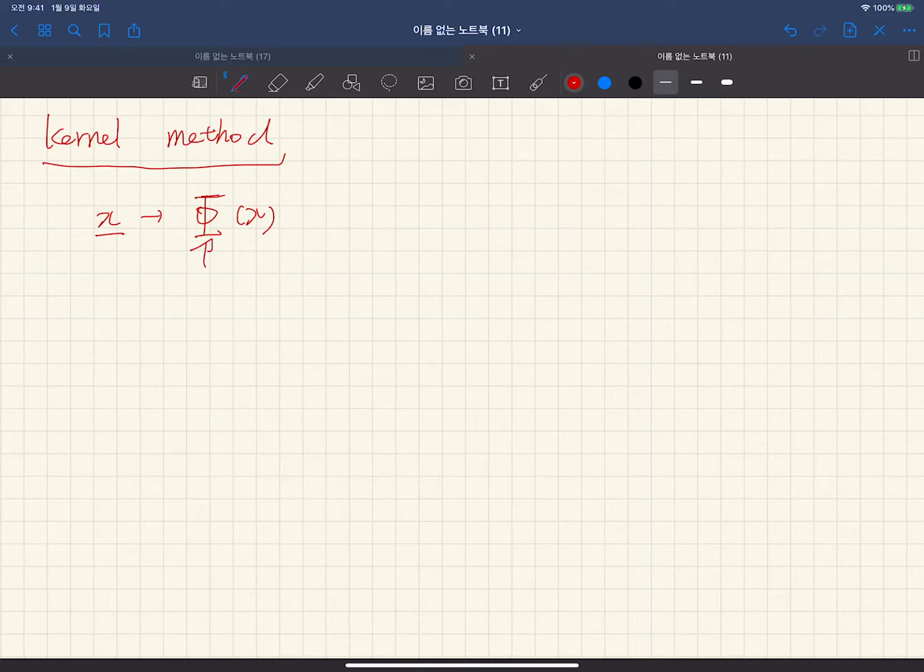Usually the φ function's dimension is much bigger than the original dimension of x. So basically we increase the input dimension by some mapping φ. And from this feature expansion, we can use more parameters, which can increase the prediction accuracy.